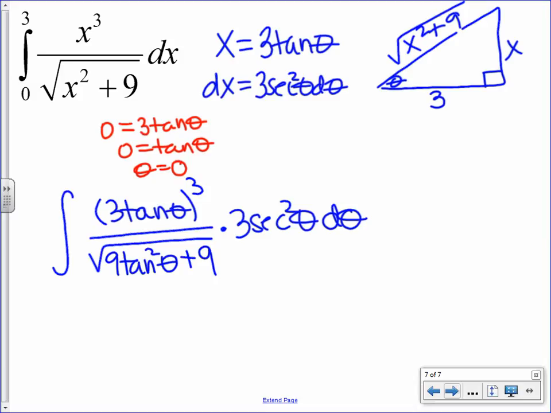And then we have 3 equals 3 tangent theta. So where is the first place that tangent is 1? Right? So now our limits of integration are from 0 to pi over 4.